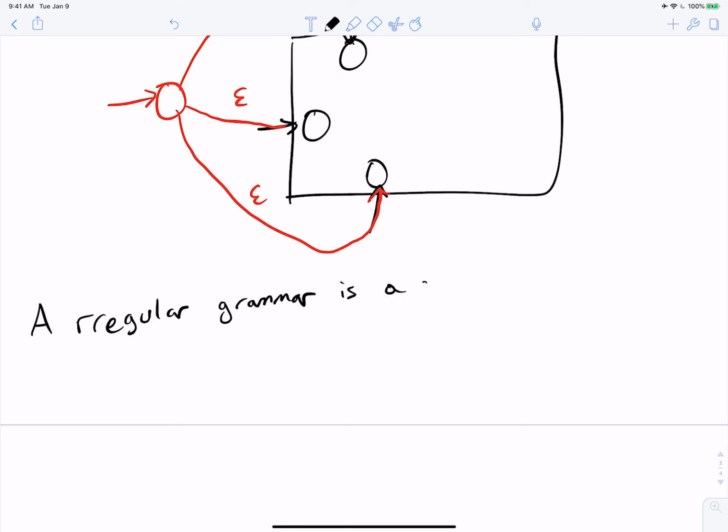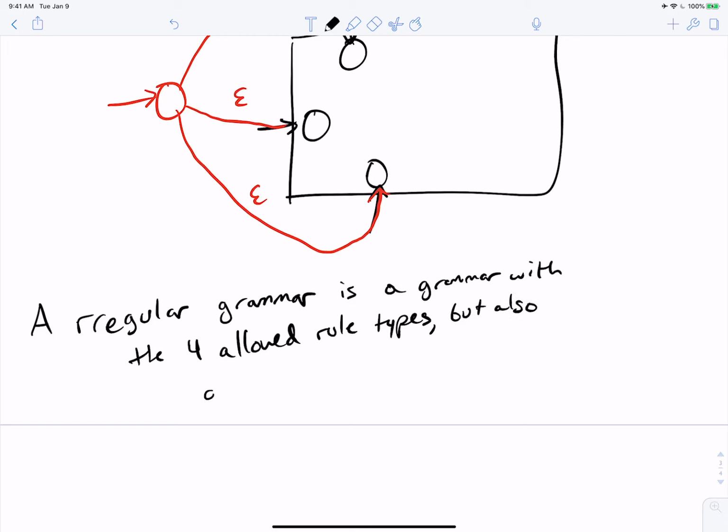It is a grammar with the 4 allowed rule types as before, but it also allows A goes to variable terminal, in that order.